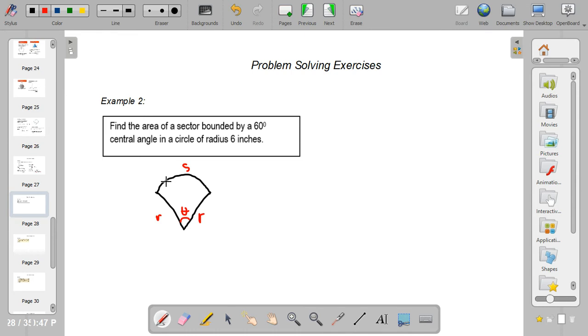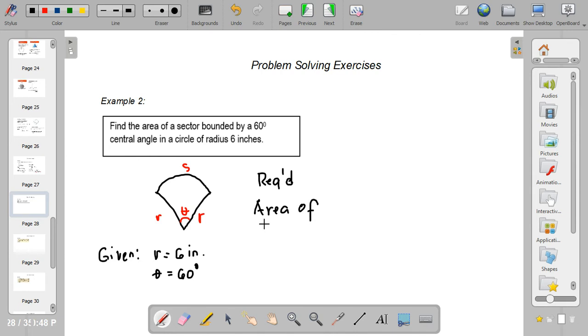Okay, so the given information are: we have r, which is equal to 6 inches, and then we have the central angle, which is 60 degrees. Okay, what is the required? The required is the area of a sector.